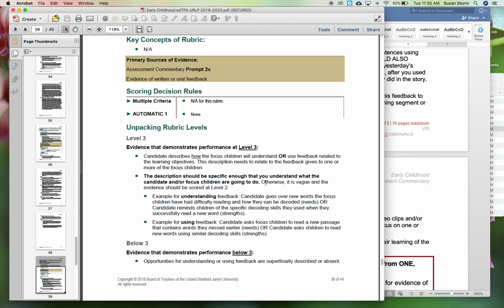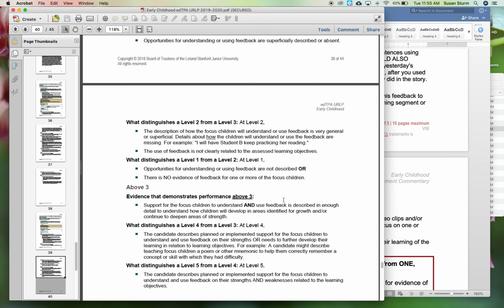But at a level 3, you are describing how the focus children will either understand or use. This is another one of those "and" situations. If you only talk about how you're going to help them understand it, you get a 3. If you only talk about how they're going to use your feedback, you get a 3. Your description needs to relate to the feedback given to one or more of the focused children. And I bet at a level 4, it's both of them.